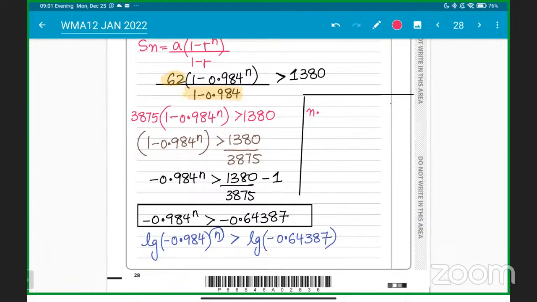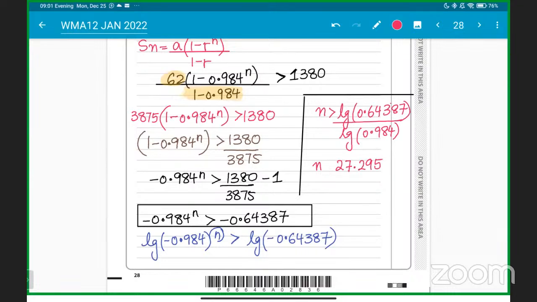So eventually you will get that n is greater than log 0.64387 divided by log 0.984. So n is greater than whatever the answer is coming, log 0.64387 divided by log 0.984. That is coming, n is greater than 27.295.